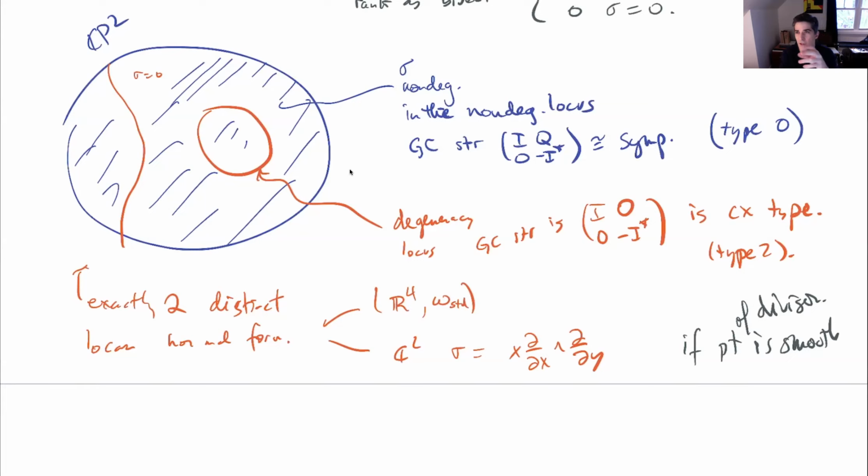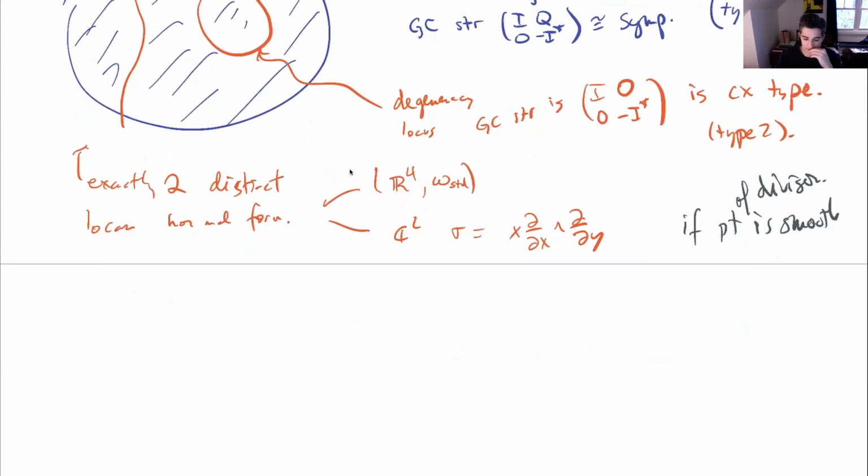So the theorem says that they're in one-to-one correspondence with germs of holomorphic Poisson structures. So basically, there are as many local GC structures in 2 dimensions as there are curve singularities.